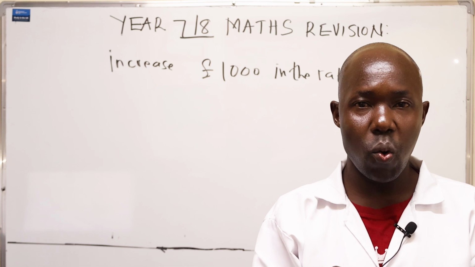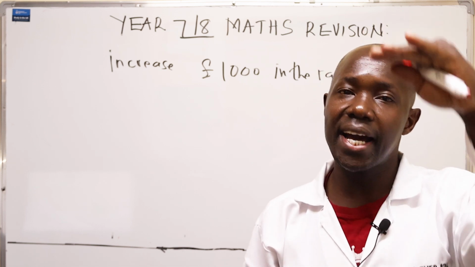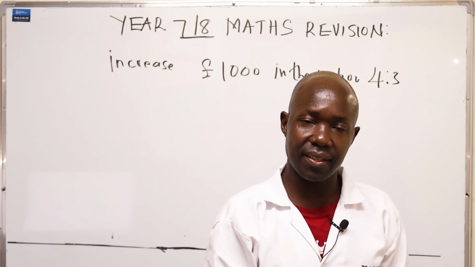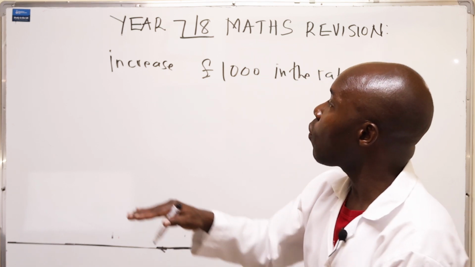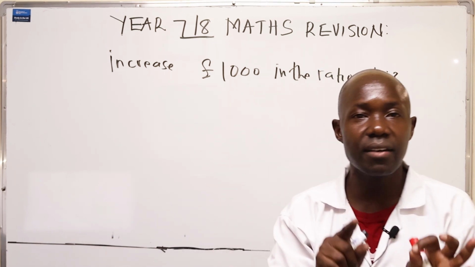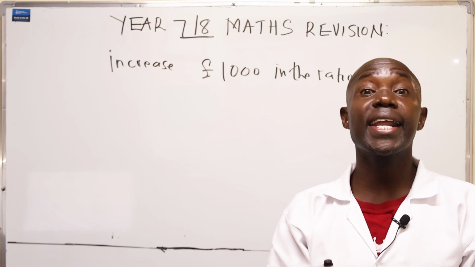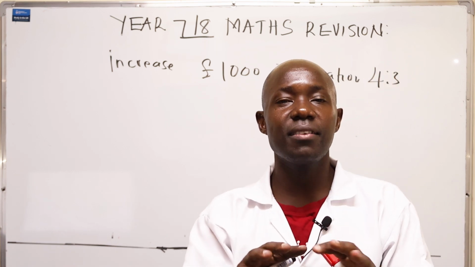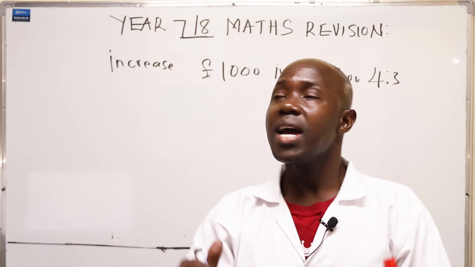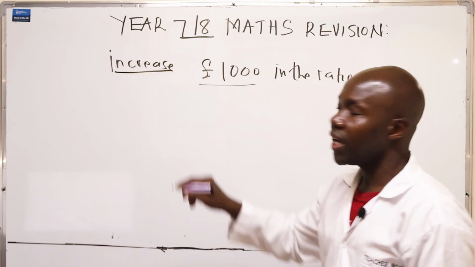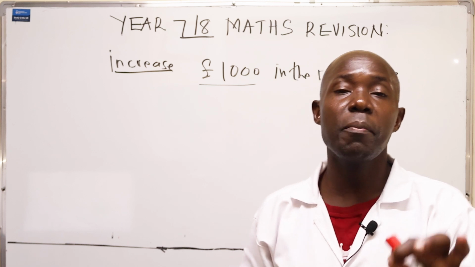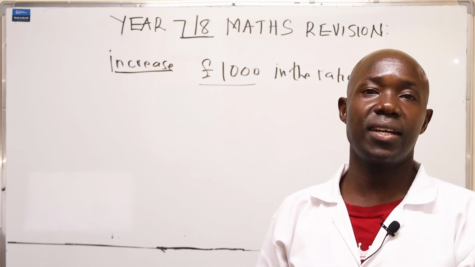When you have a given quantity and you are either increasing it or decreasing in a certain ratio, it is not like in the previous case that we were adding everything equating to that value. Here we are increasing. Increasing means becoming bigger. Now, if you have $1,000 and you are increasing it, it means the new value must be greater than 1,000.